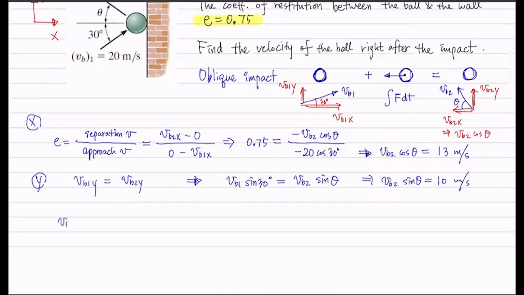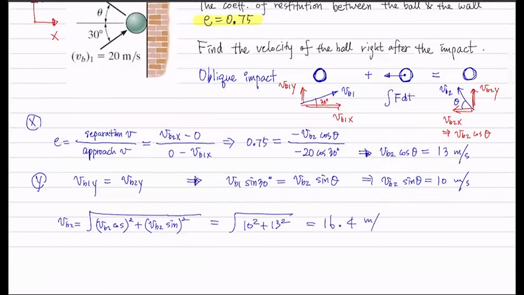So VB2 is nothing but the square root of VB2 cosine squared plus VB2 sine squared, and that's going to be 10 squared plus 13 squared, and it gives us about 16.44 meters per second.